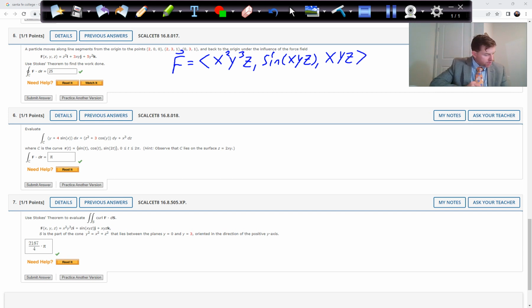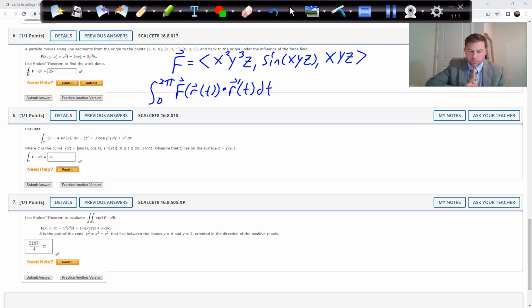But for this one, we don't want to go down the path of the previous steps. What we want to do is do the one, I think we saw one of these, where we go from 0 to 2 pi of the field using a parametric equation, and in this case we want F dotted with the derivative of r of t dt. So this is the one we want to use.